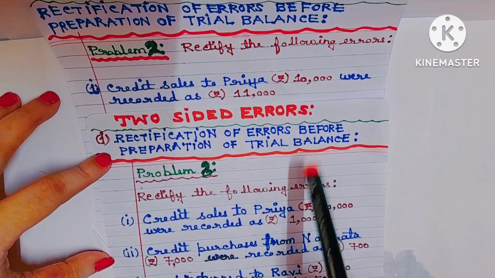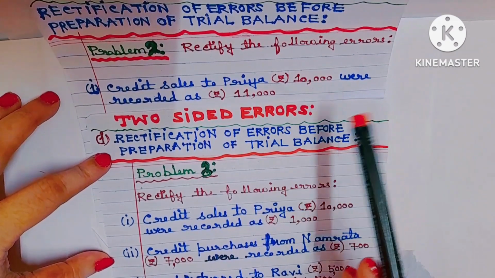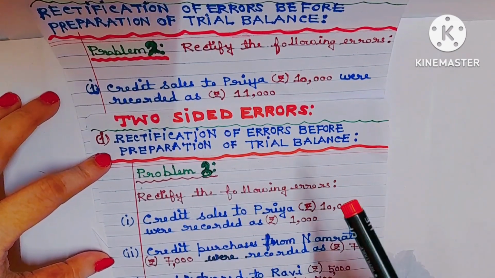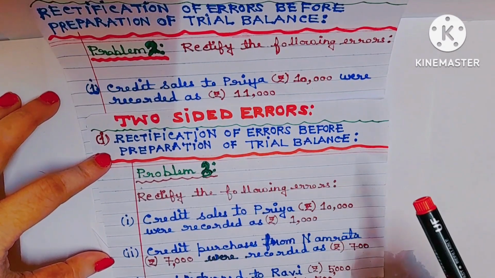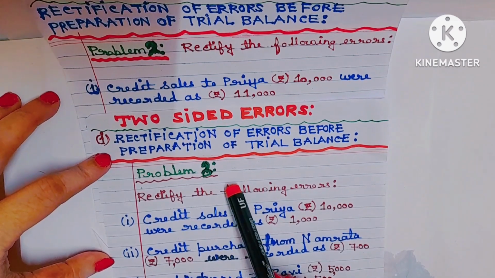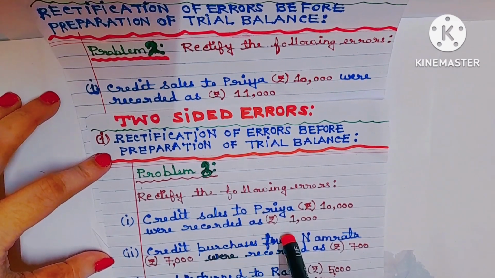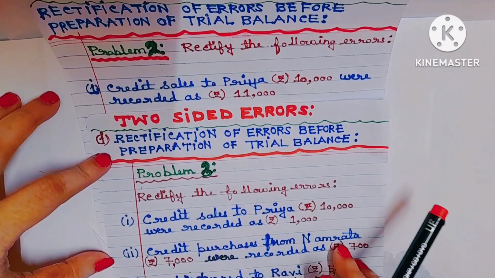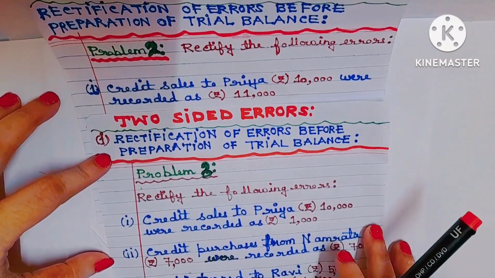But in the last problem, rupees 1,000 was recorded more. I showed you how to rectify the amounts if they were recorded more. And here in problem number 3, the amounts were recorded less. So how to rectify the less amount? Okay, let's do it.